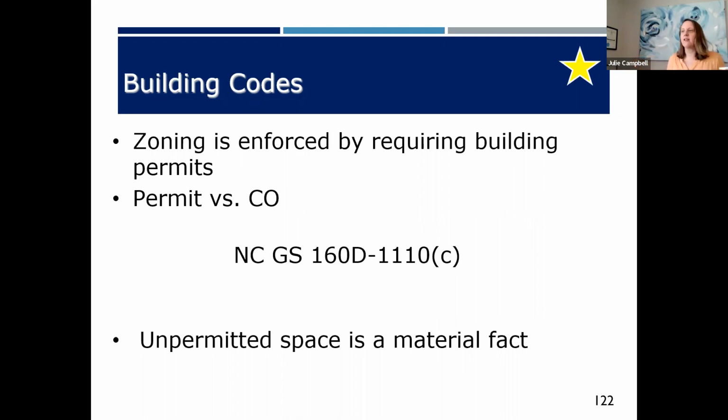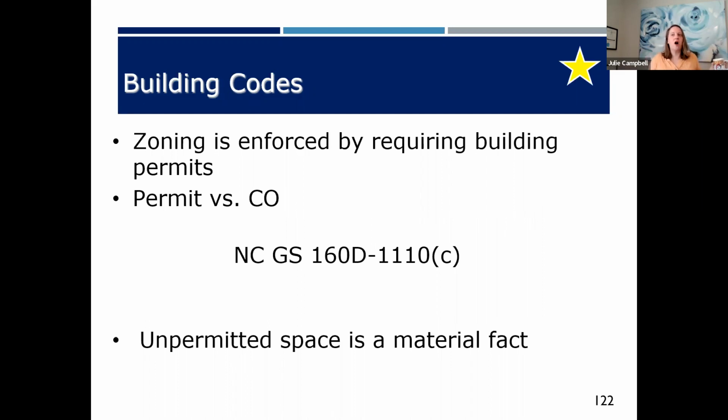Remember when we started this unit, as real estate agents, we always need to be alert to and in tune to our little red flags. Maybe you look at that room at the back of the house and say, it just doesn't look like it was the original. Or you see that finished basement and it looks newer than the rest of the house.